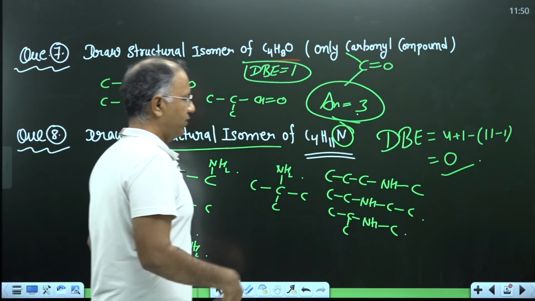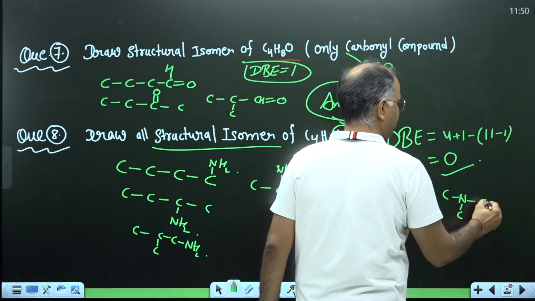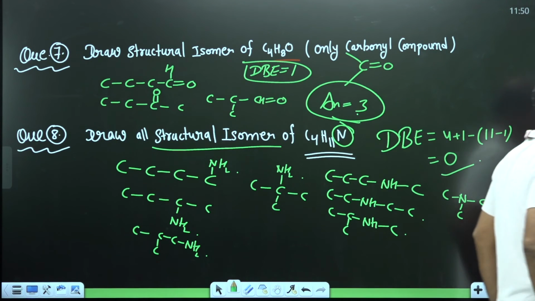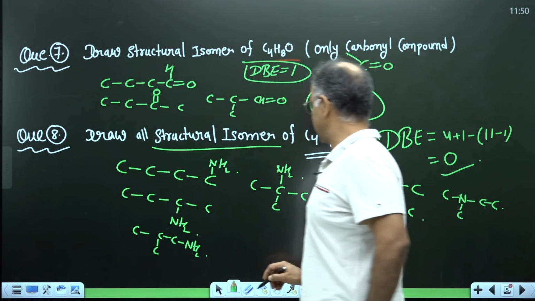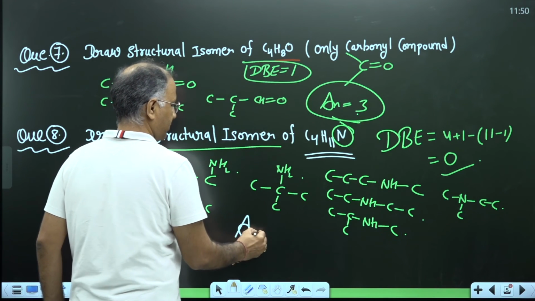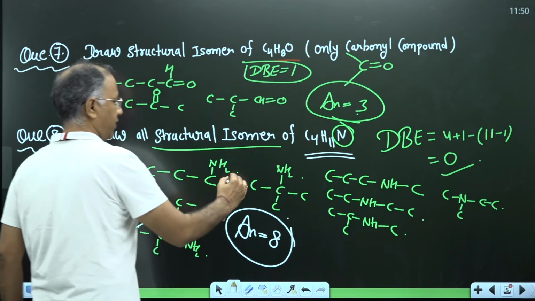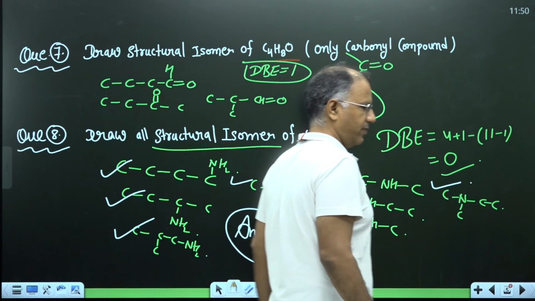Now we can also draw 3 degree amine. So what is the total answer? Answer will be 8. 1, 2, 3, 4, 5, 6, 7, 8. The answer will be 8.